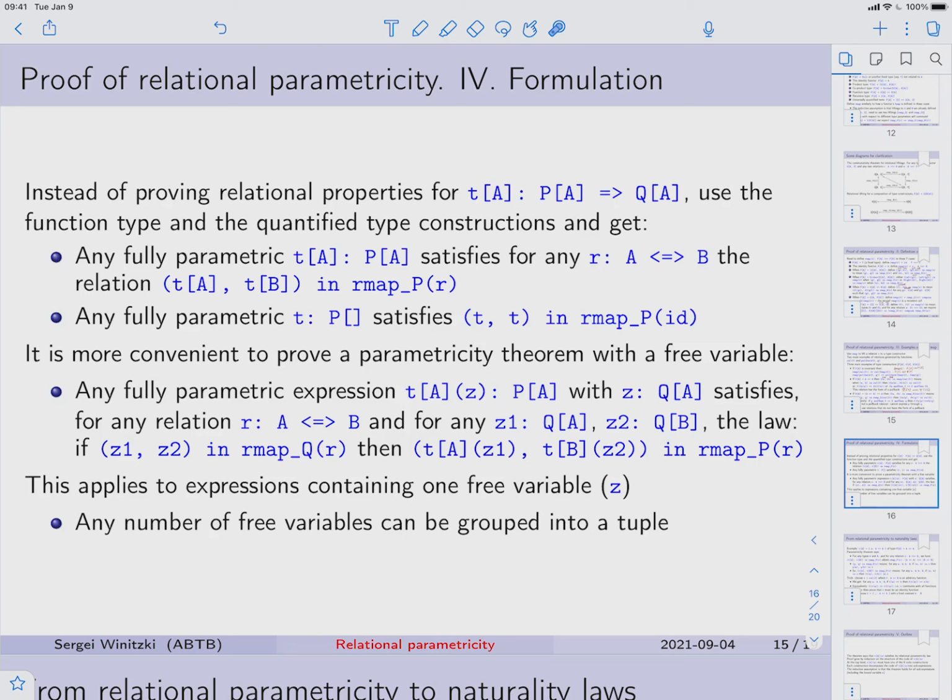So any fully parametric function t of type P of A, for any relation R, satisfies this relation.